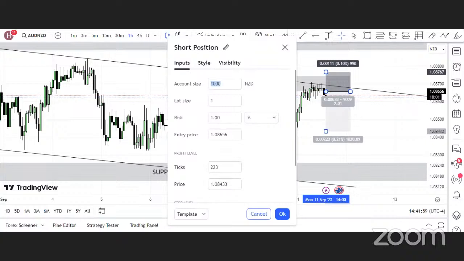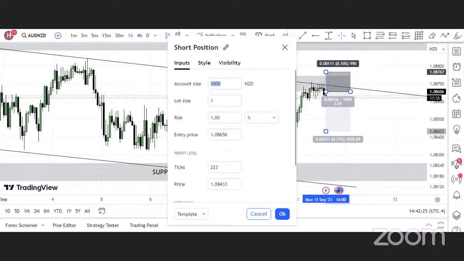1.08767. All right. Let me repeat that one more time. Take profit 1.08433.